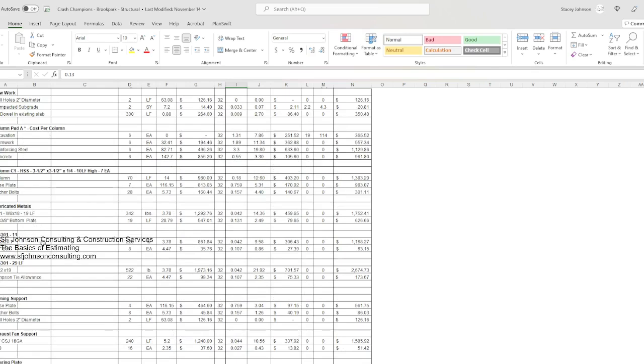Structural could be one of the hardest ones, but what are you doing? Structural, you're doing concrete foundations. My grandkids gave me a cold for Thanksgiving. Concrete foundations, column pads, columns, beams.